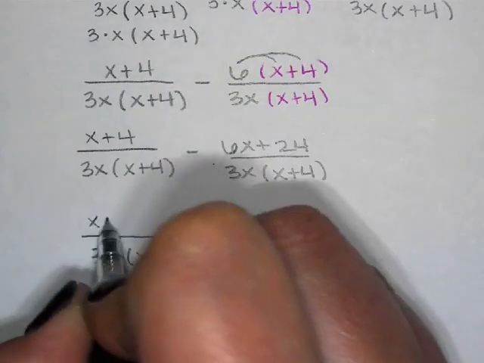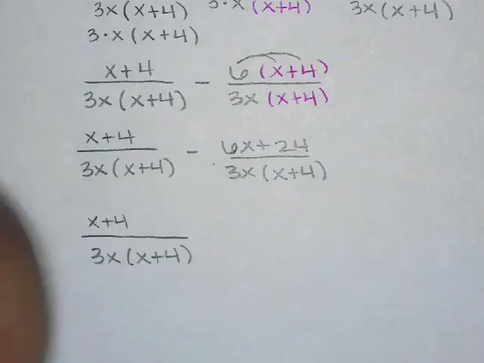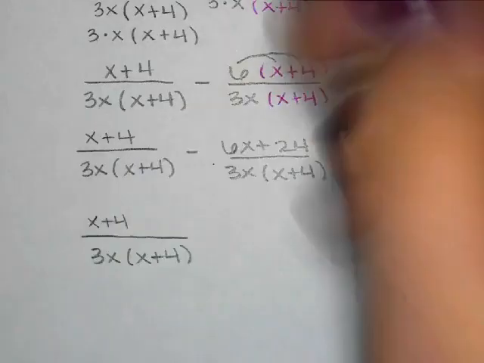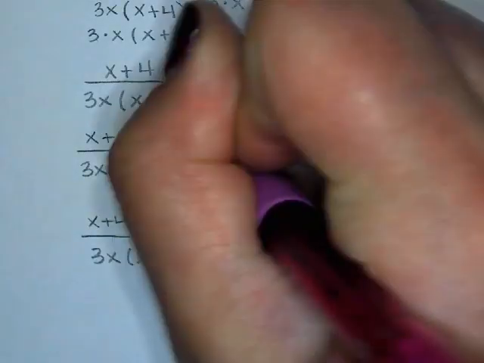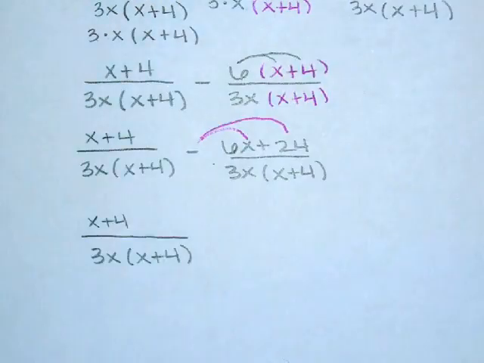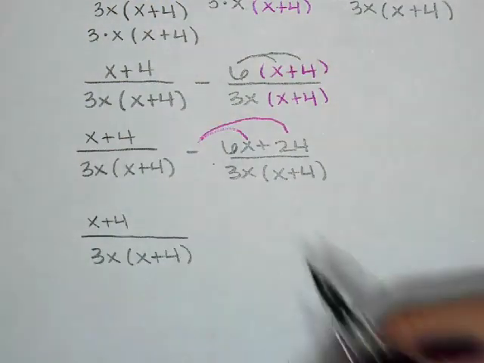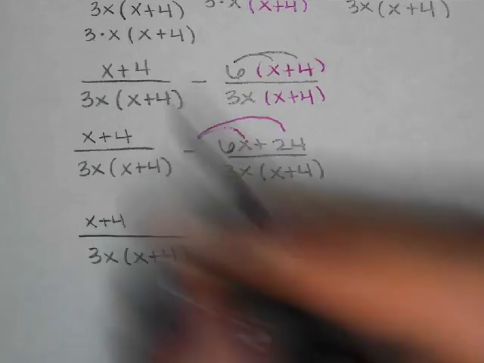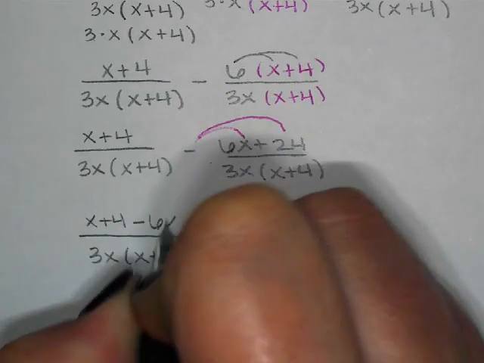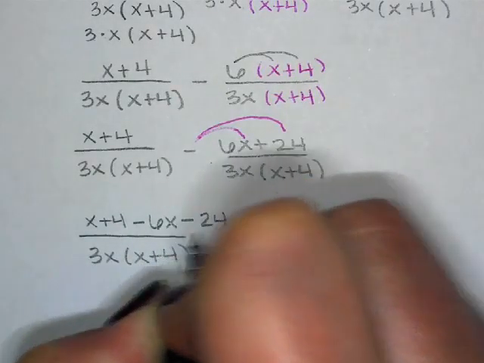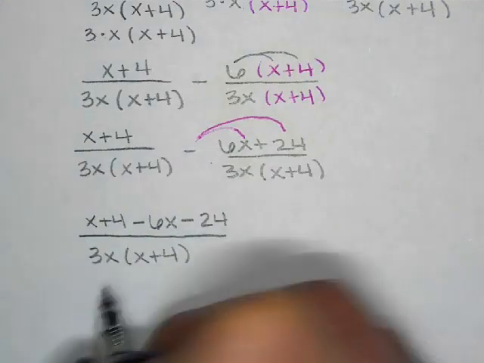I'm going to distribute my negative. So minus 6x minus 24. Negative 5x minus 20.